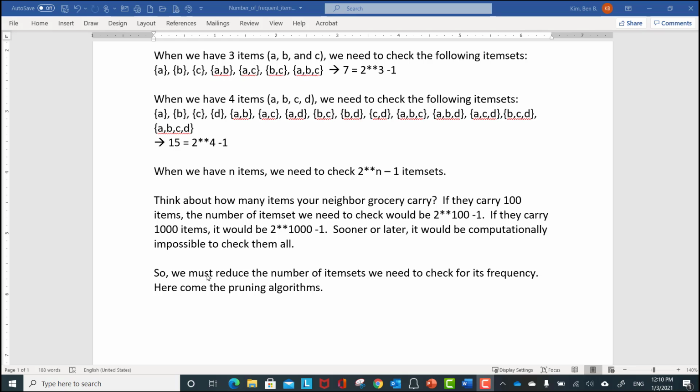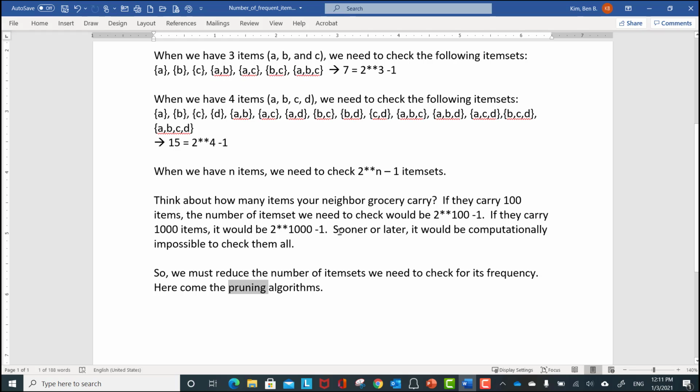So what we have to do is, instead of trying to check the frequency, reduce the number of item sets first before we check for their frequency. So we have to prune all those item sets first, before checking their frequency.